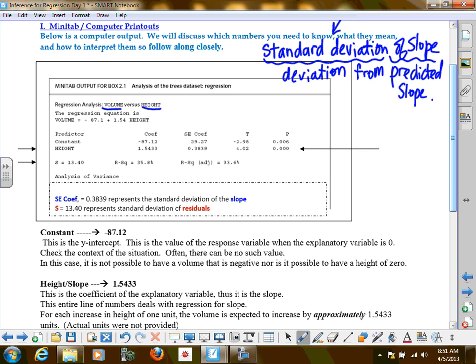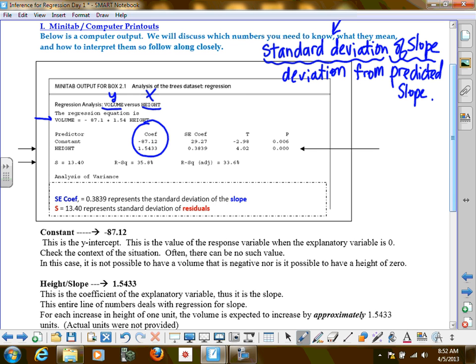Height would be your explanatory variable, and then of course your response variable is the volume. They have then used this coefficient to create this regression equation. And so what we've got is the predicted volume is negative 87.1 plus 1.54 times the height.